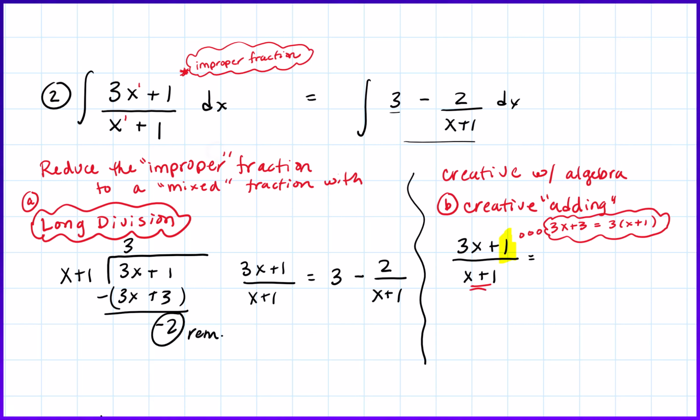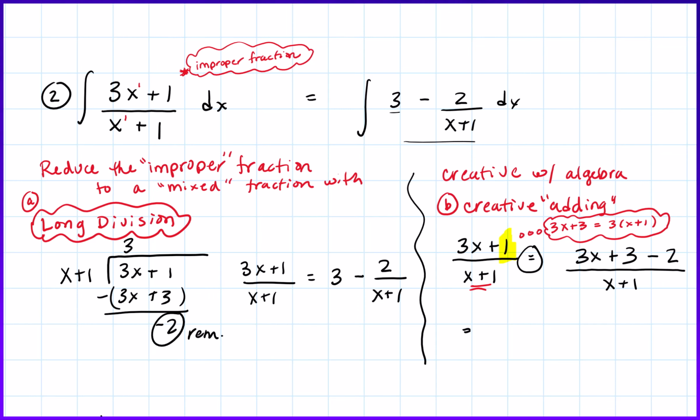So here's where we're going to get creative. What if it was 3x plus 3 on the top? Well, that's not equivalent. Remember, we have to keep equivalency here. That's not equal to 3x plus 1, but it would be if we also subtracted 2. If we just took the 1 and turned it into 3 minus 2.